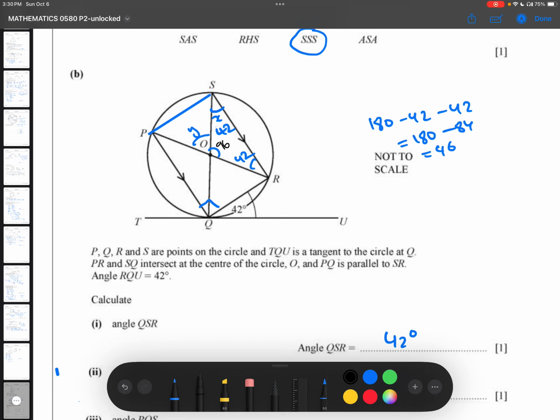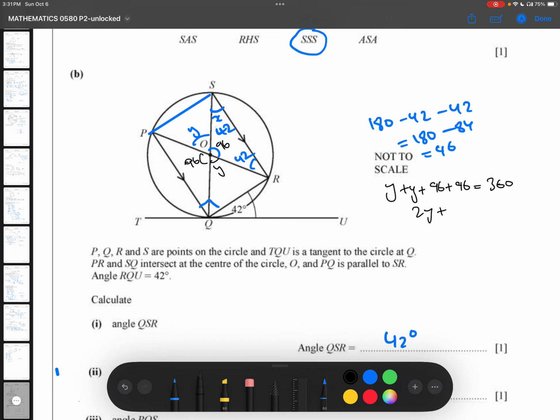Now this angle will also be equal to 96, and this will be equal to y because vertically opposite angles are equal. So now we have the angles around a point, and their sum will be equal to 360. So y plus 96 plus 96 will be equal to 360 degrees.